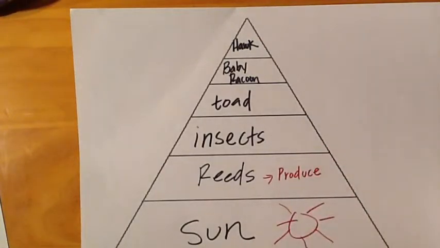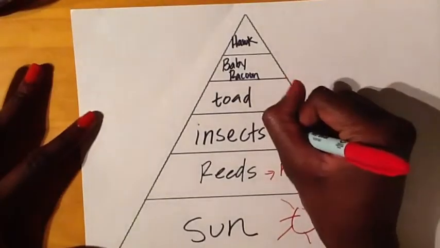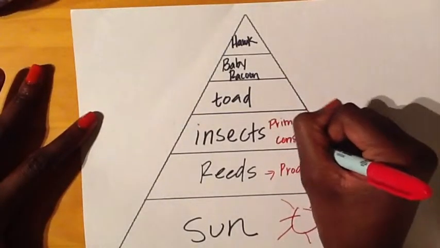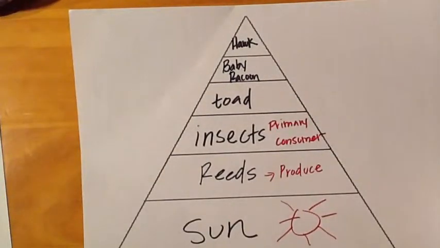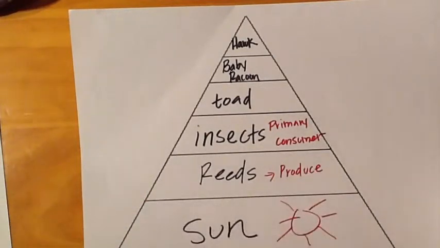Now who's going to be the first one to eat our producer? That's going to be our insects, and we call that a primary consumer. So what comes after primary? Secondary. Our toad is going to be the second receiver of that originally produced energy.